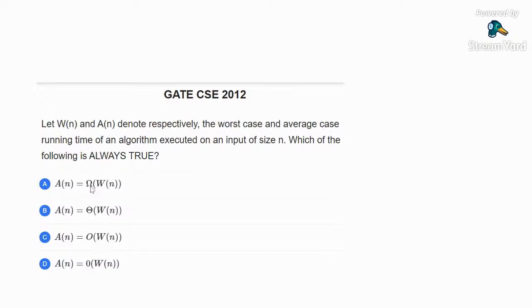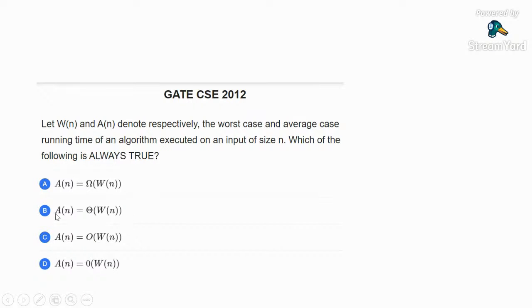Generally, you say that a larger function is omega of a smaller function, but that is not the case here. A is not the larger function and W is not the smaller function. If A were the larger function and W the smaller one, then it would be the correct option. But it is not the correct option.